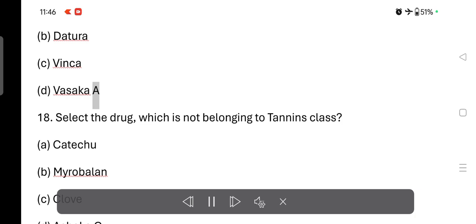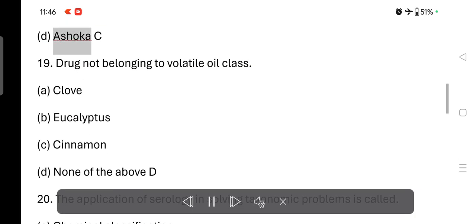D. Vasaka. Answer: A. 18. Select the drug, which is not belonging to tannins class. A. Catechu. B. Myrobalan. C. Clove. D. Ashoka. Answer: C. 19. Drug not belonging to volatile oil class. A. Clove. B. Eucalyptus. C. Cinnamon. D. None of the above.